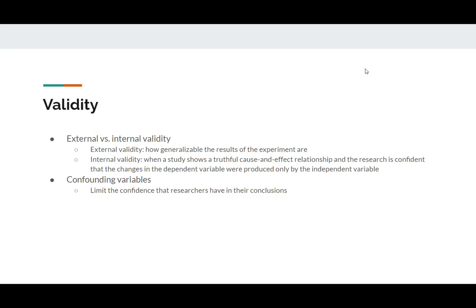Its weaknesses are uncontrolled variables, meaning cause and effect cannot be determined, and single cases may be misleading because case studies only study one case, and this case may not be generalizable and cannot represent the entire population.